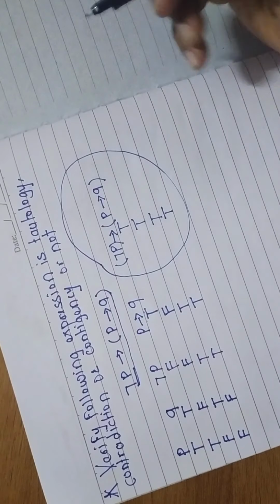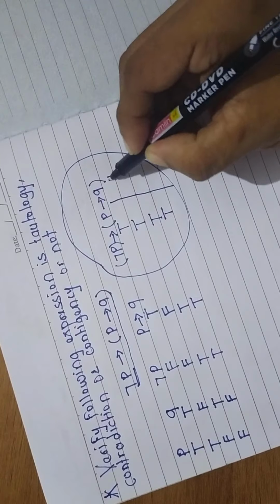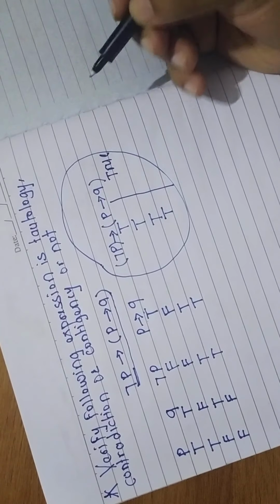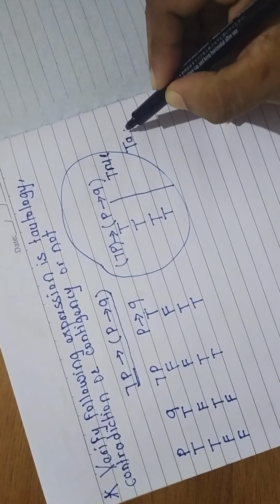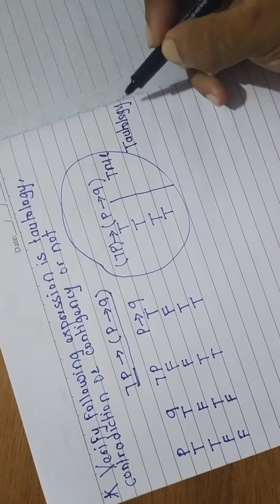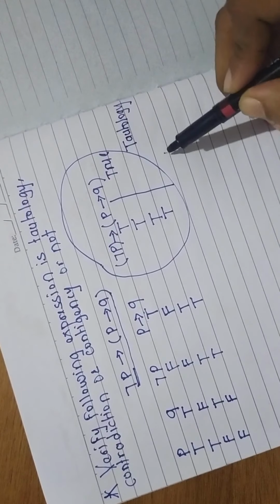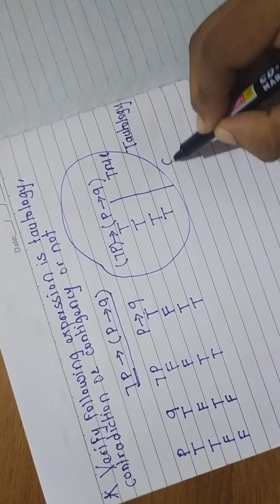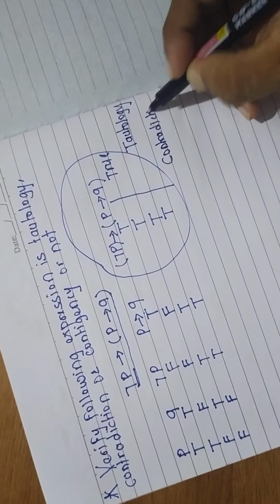Now if in the final result all values are true, then it is called a tautology. If in the final column all values are false, then that is called a contradiction.